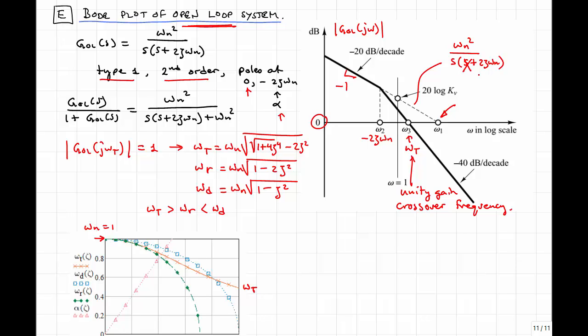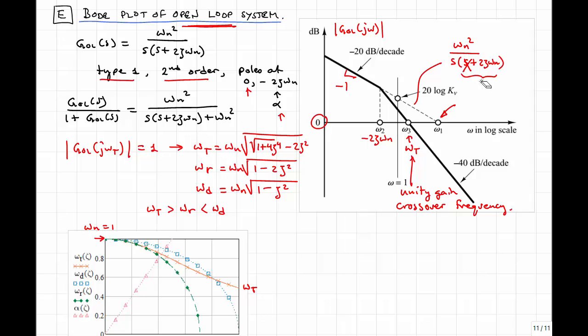Right? In fact, when we're at frequencies much less than 2 zeta omega n, in other words, down in this region here, the transfer function is in fact approximated by this expression here, where the term in the parentheses is approximated as simply 2 zeta omega n.